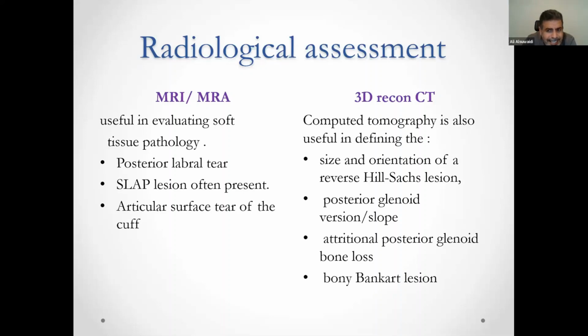A CT scan for posterior pain and instability is not something I commonly use, except for failed cases, cases that have failed elsewhere or some of my own cases that failed, or where I am worried about multiple dislocations, or in a patient who had seizures.